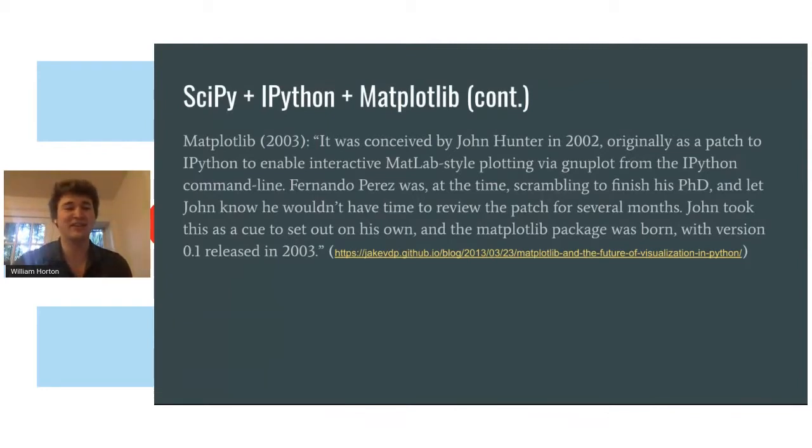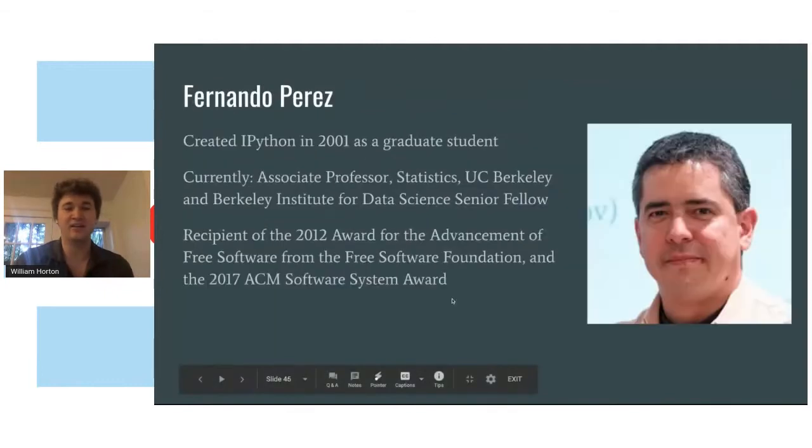So that was an interesting thing. But you can really look at the release of these three libraries, as well as several other related ones, as the growth of these open source scientific tools, and that's really going to push toward the development of later notebook interfaces that we're going to talk about.